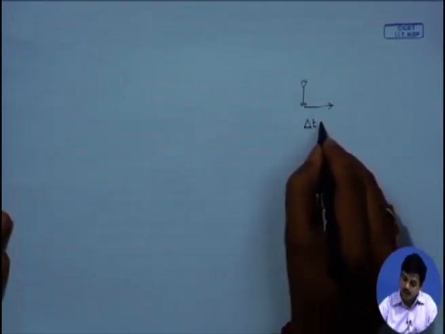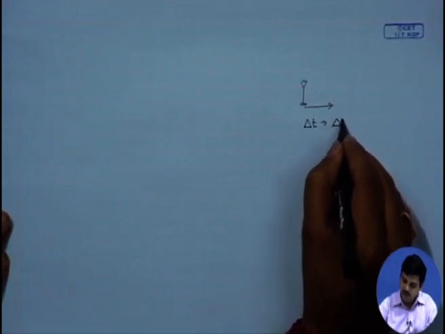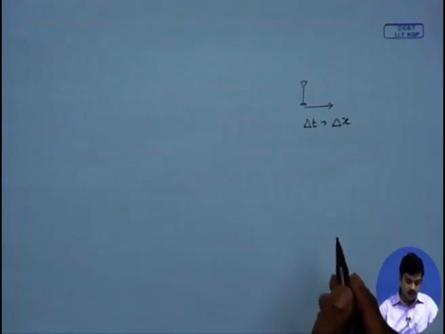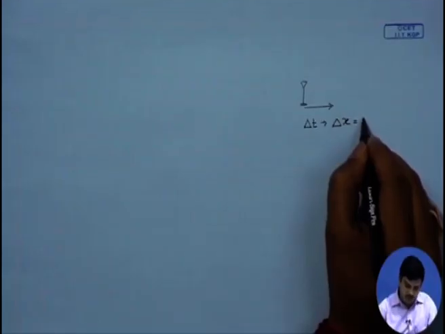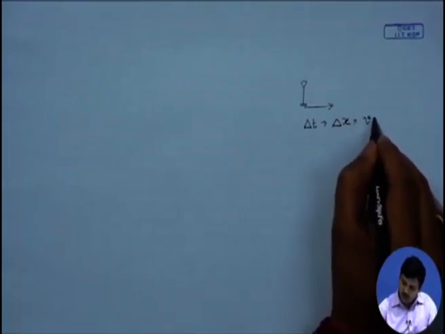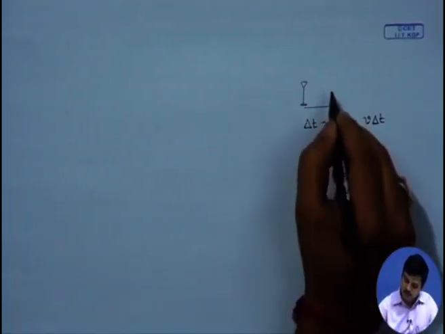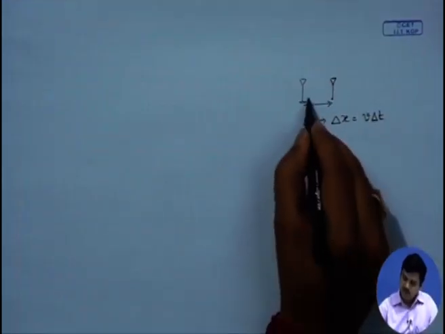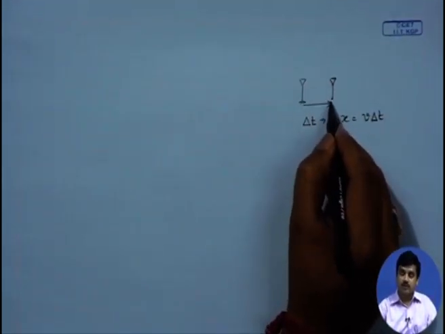In this duration of time the mobile would cross a distance, let's say delta x, which is very small. So delta x is equal to v, the speed of the vehicle, times delta t. In this distance the receive antenna may have been at a location separated by delta x, or the vehicle could have moved over there.